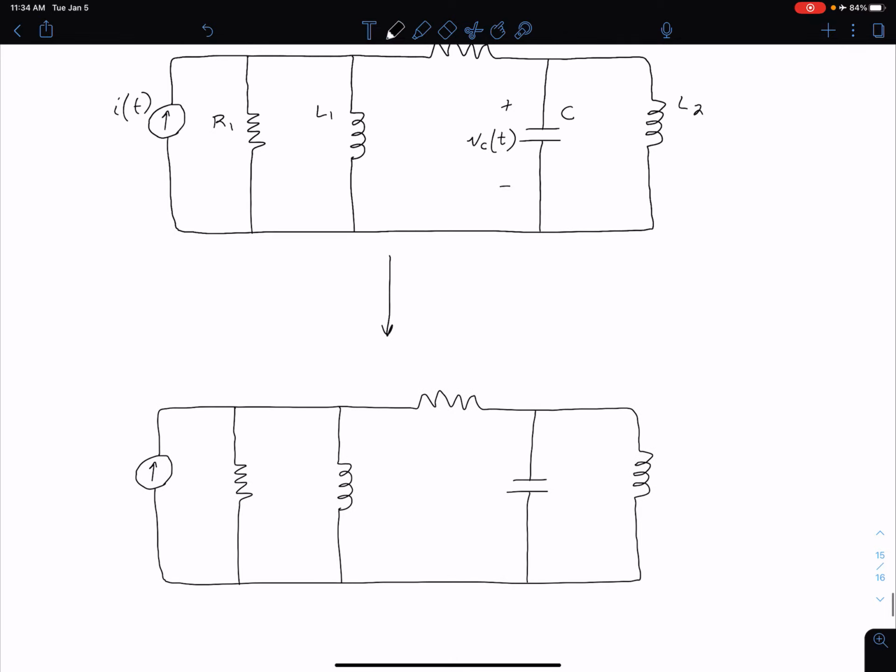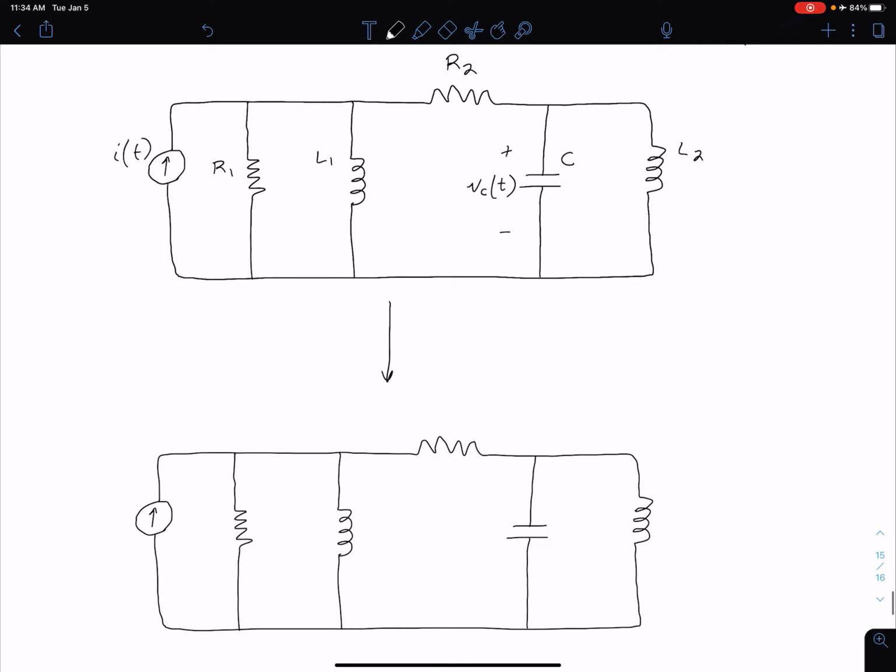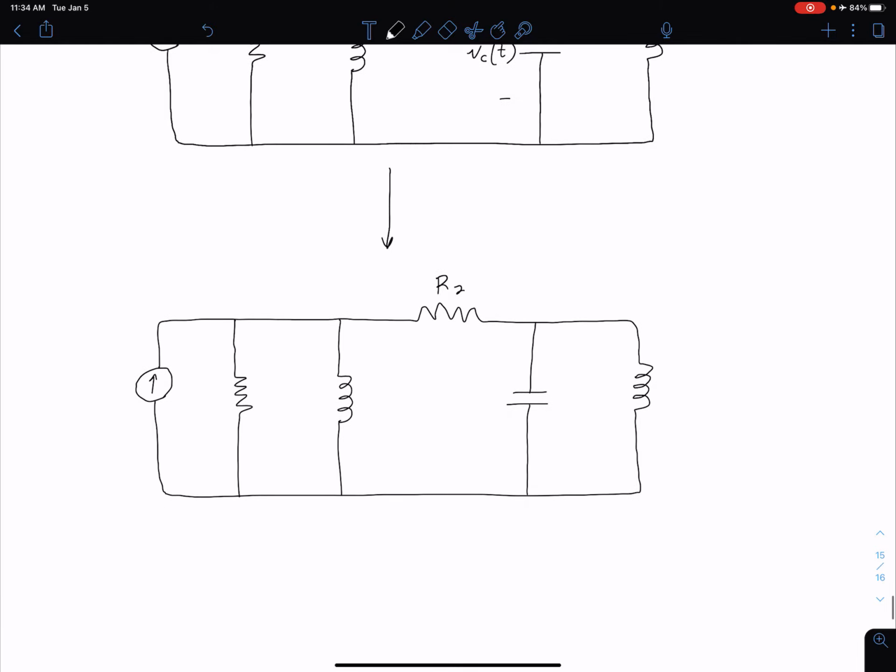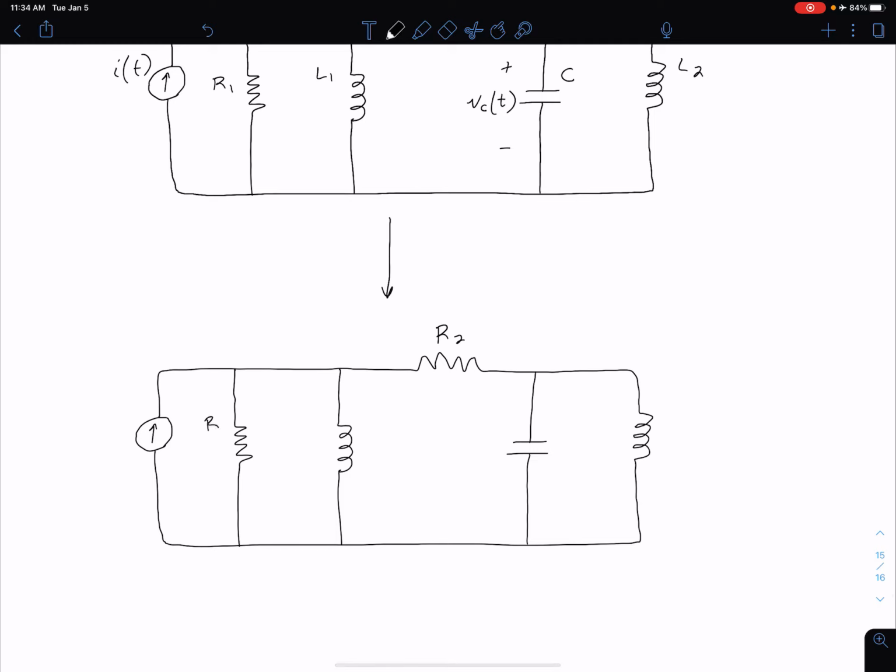frequency. So to convert this circuit to the frequency domain, remember our resistors, essentially we're just changing each element to its impedance. So our resistors just stay the resistance value, so that has an impedance of R2, this has an impedance of R1.